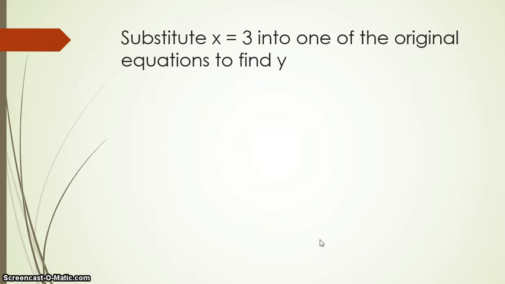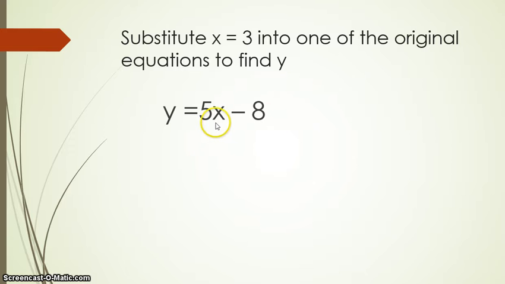Now, to find the corresponding y value, we substitute x is equal to 3 into one of the original equations. Let's look at the first equation, y is equal to 5x minus 8.